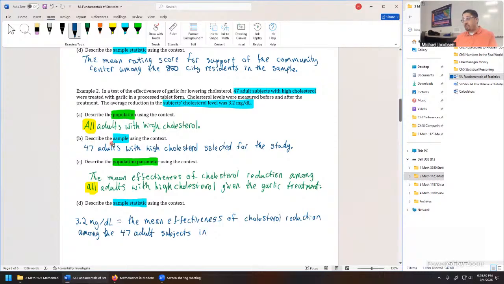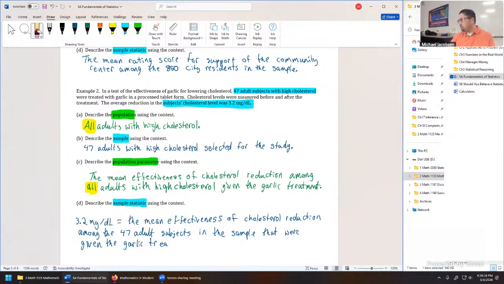We mean specifically the ones in the sample that they did something with, that were given the garlic treatment.